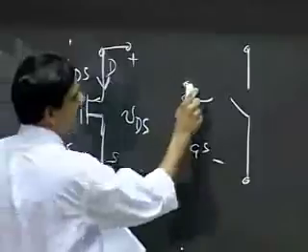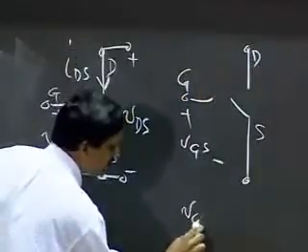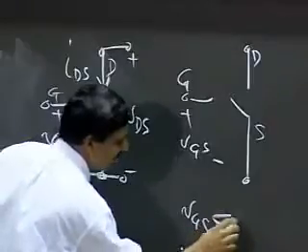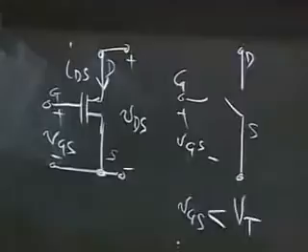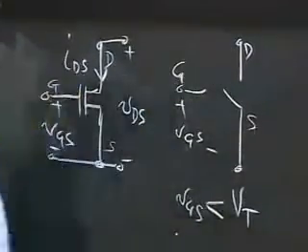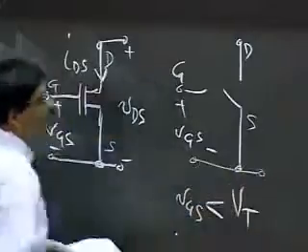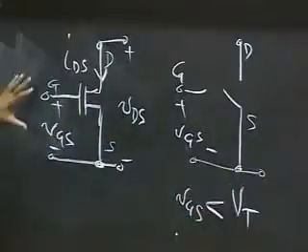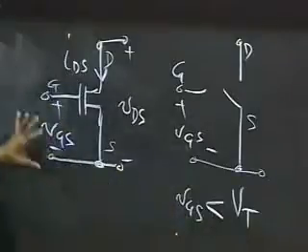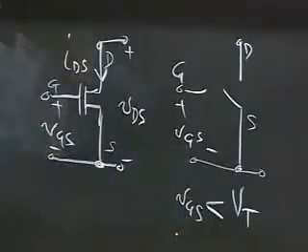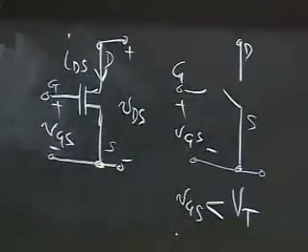This is VGS, gate, drain, and source. When VGS was less than a threshold voltage VT, this MOSFET had an equivalent circuit that looked like this. So when VGS was less than some threshold voltage VT, there was an open circuit between the drain and the source. You saw this before. So far, nothing new here.